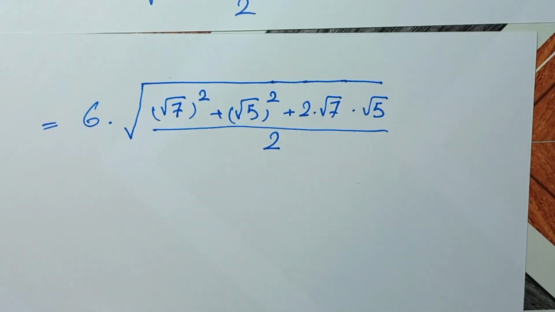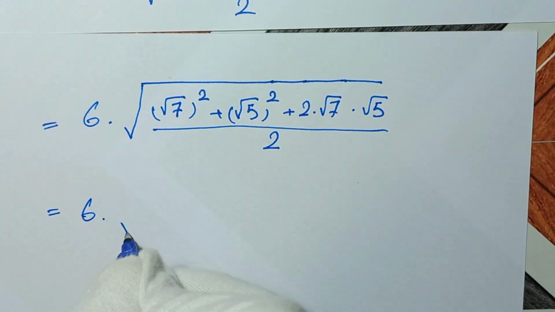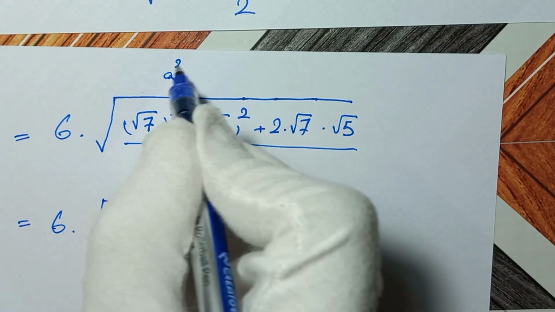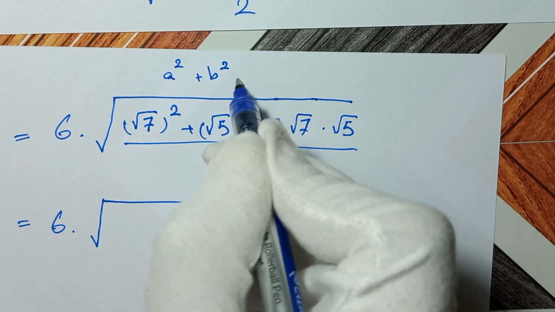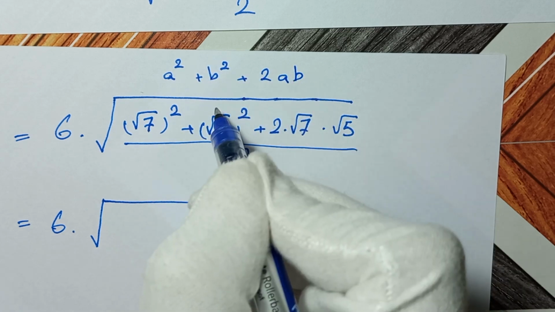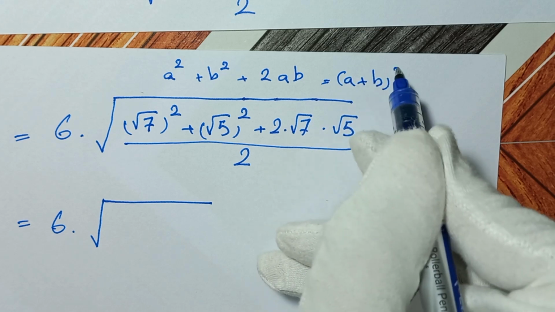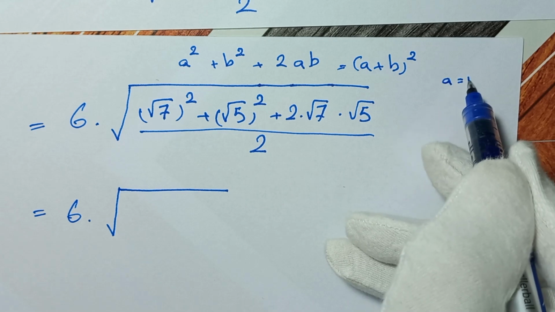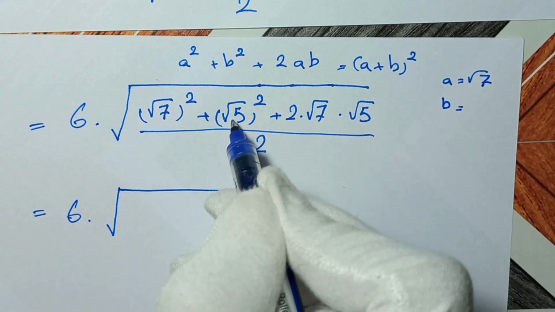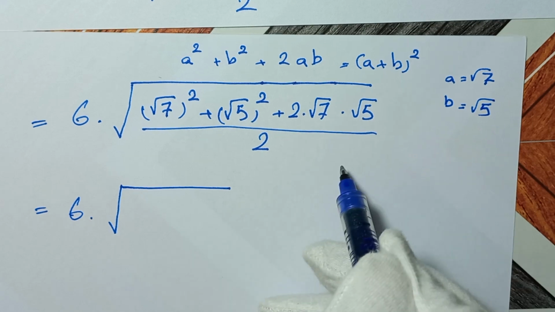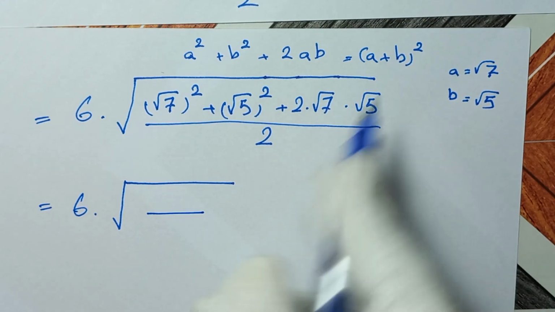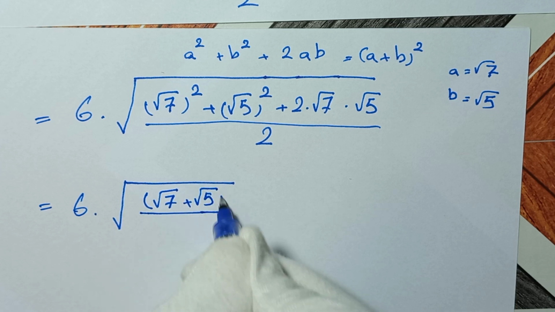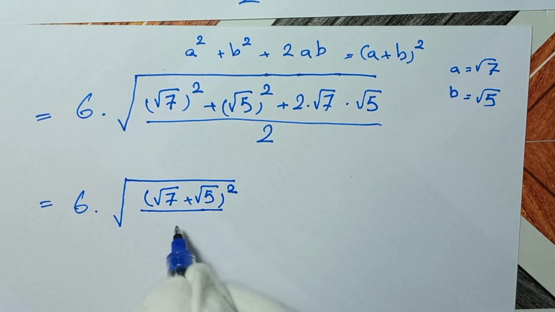This is in the form of a squared plus b squared plus 2ab, which is a plus b to the power of 2. Here a is the square root of 7 and b is the square root of 5. So from this formula we can write the square root of 7 plus the square root of 5 to the power of 2, over 2.